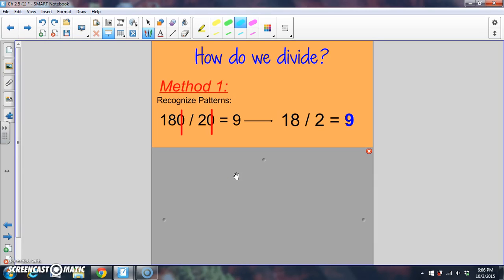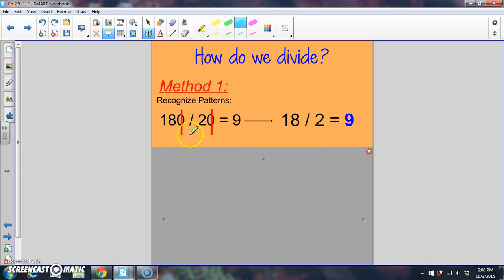Because we are familiar with place value, we could use patterns to divide, like 180 divided by 20. We know that there is a 10 that we both could eliminate to make it 18 divided by 2, which would be a little bit simpler. The answer, or the quotient, is 9.